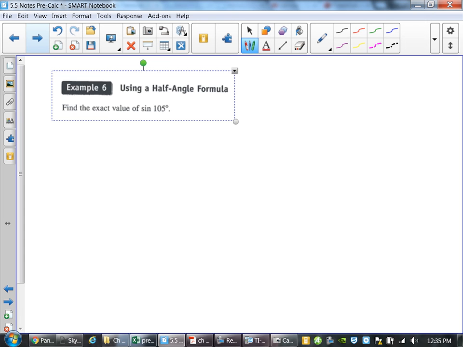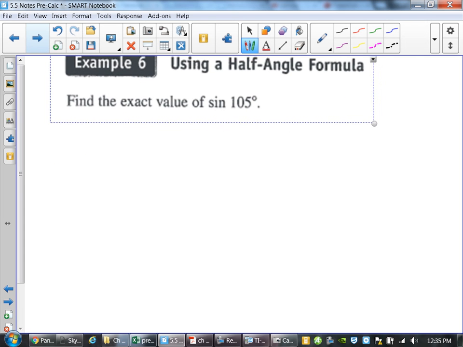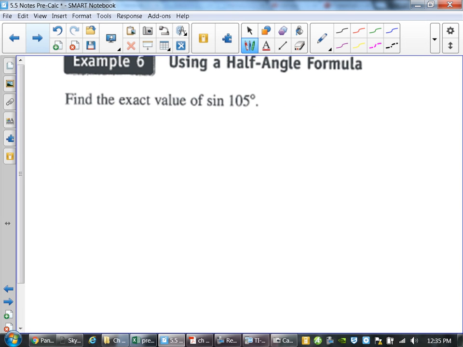Use a half angle to find the exact value of the sine of 105. Use a half angle to figure out the sine of 105. Well, if your theta value is going to be 105, 105 is half of what angle? 210.